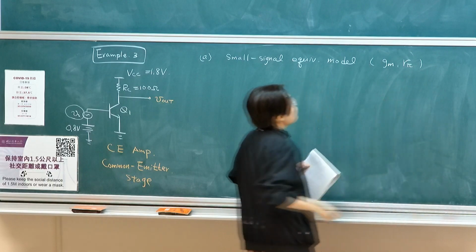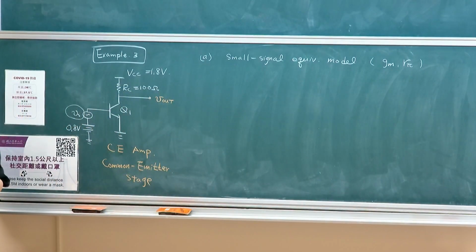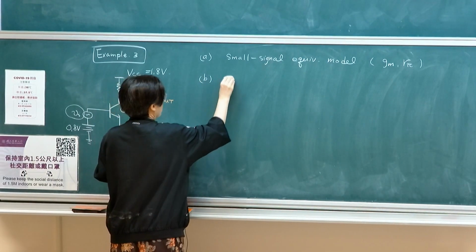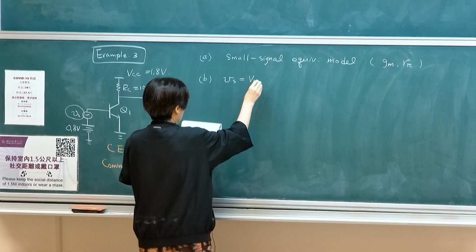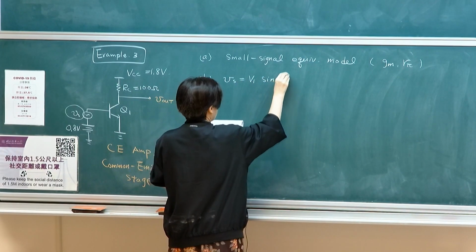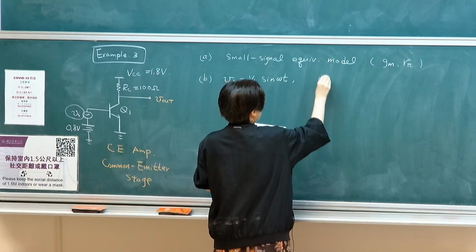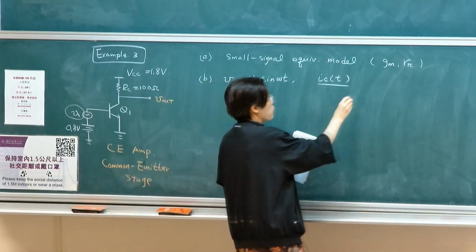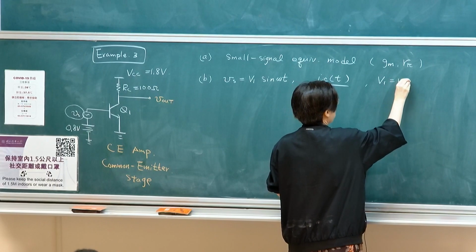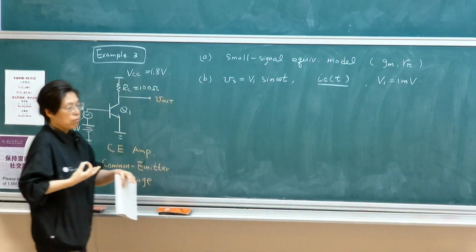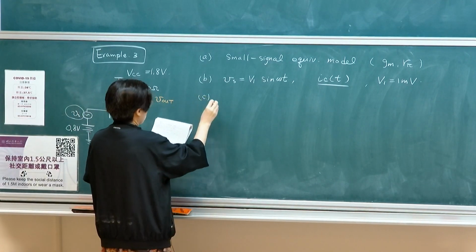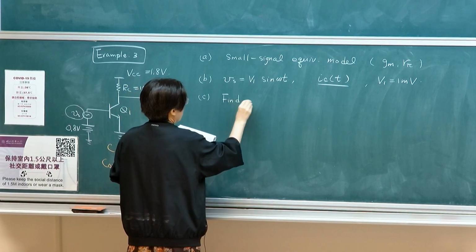These are the 2 describing your 3-terminal current relationship. And then, if I'm assuming my Vs equals V1 sine omega t, I'll ask you to find out how IC modulates with time. And in here, we're assuming that the signal is very small, you're carrying a very small input signal of 1 millivolt. What is the corresponding output? And how much does it amplify?